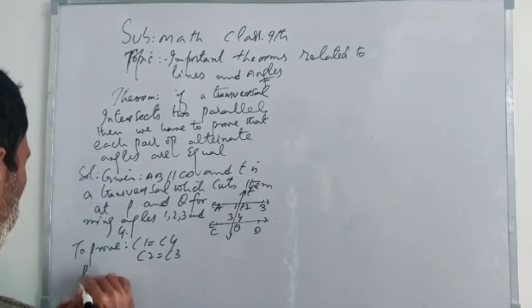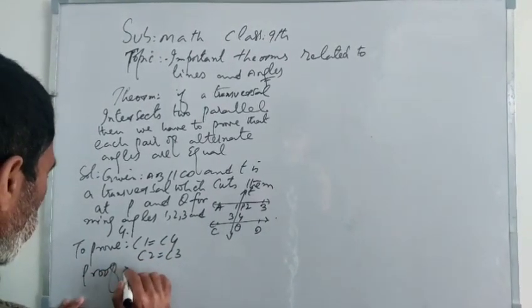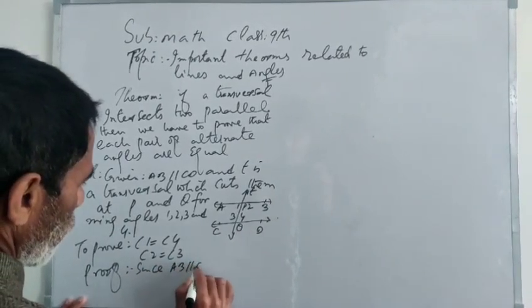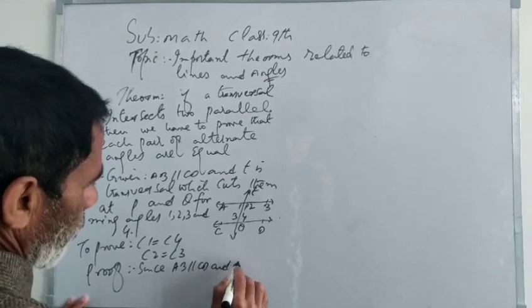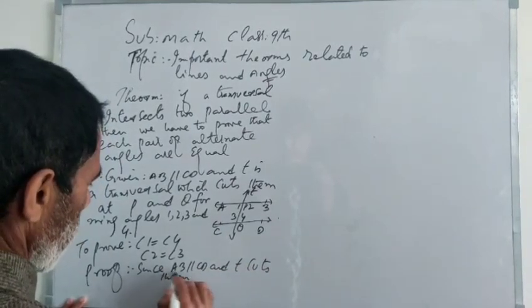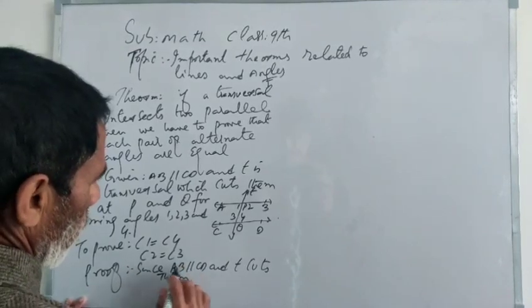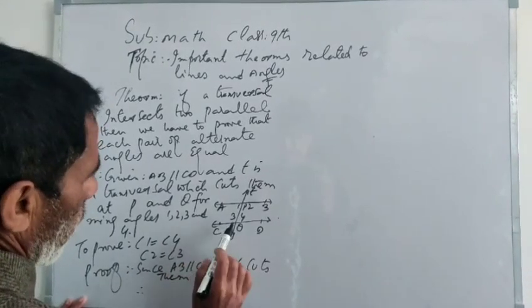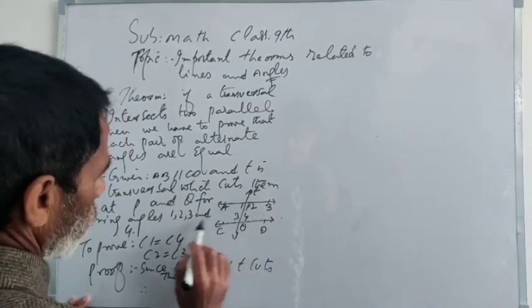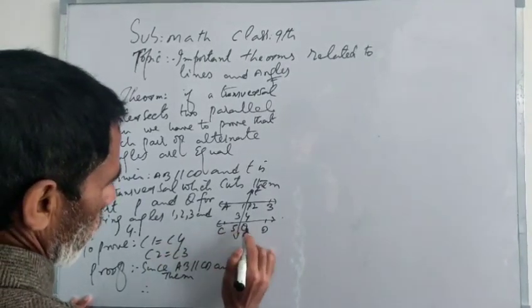Now we will give proof. Since AB parallel CD and T cuts them, angles 5 and 6 are also formed.